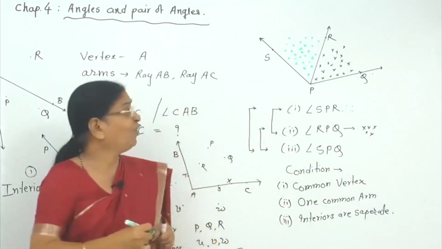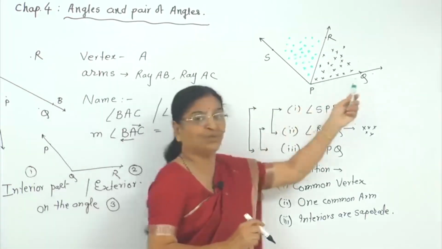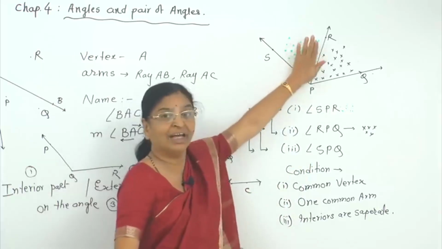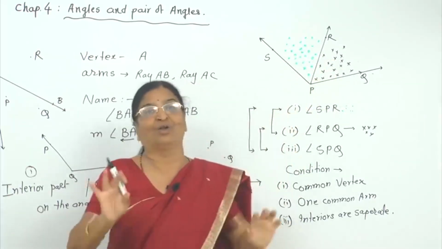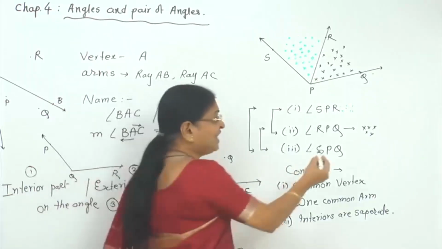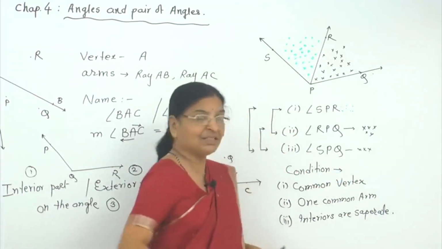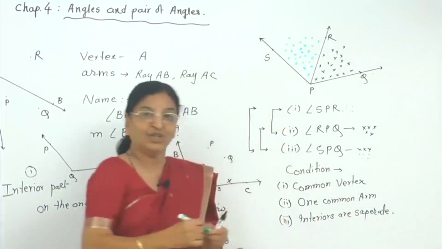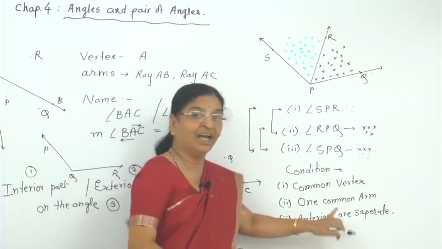But what is the interior of SPQ? The interior of SPQ is common. See, both green points are also there, both cross points are also there. So this will be a combination of these crosses as well as these dots. So are they separate? This is our third condition.